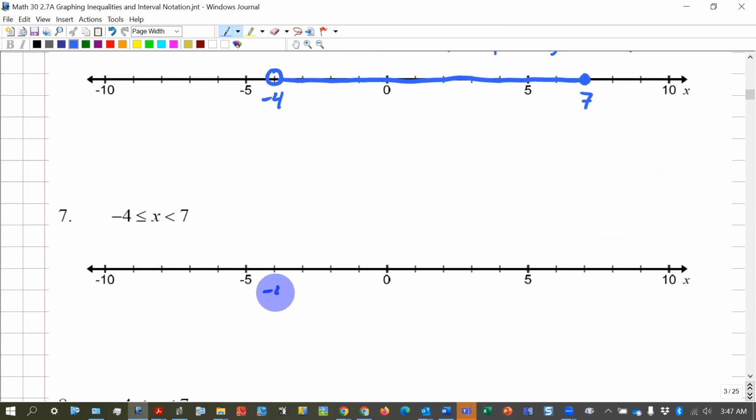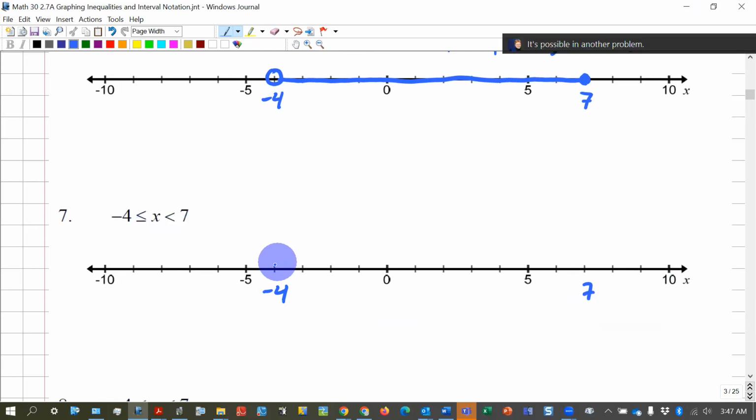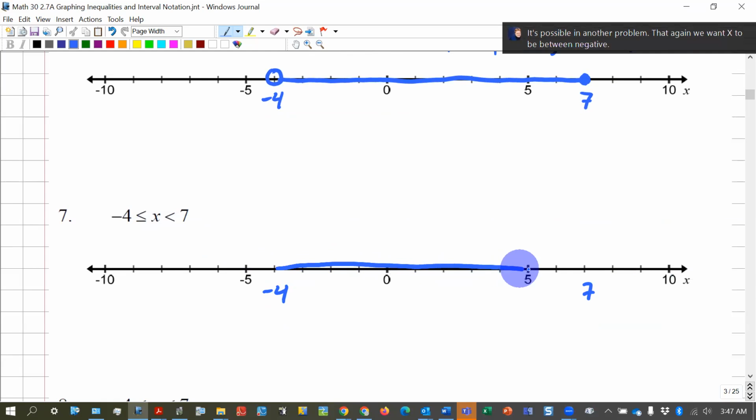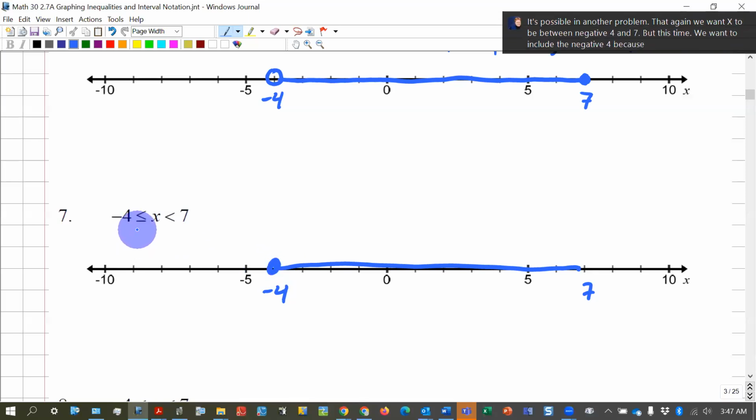It's possible in another problem that again, we want x to be between -4 and 7, but this time we want to include the -4 because of the or equal to, but we don't want to include the 7 because there isn't an or equal to on this second less than symbol.